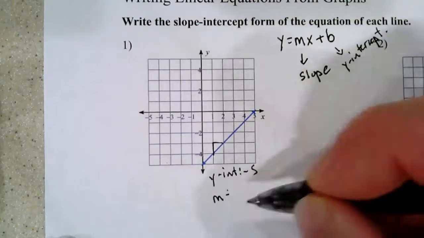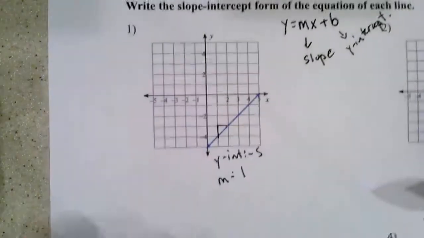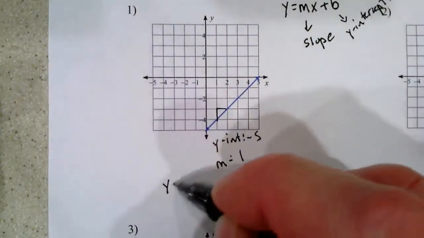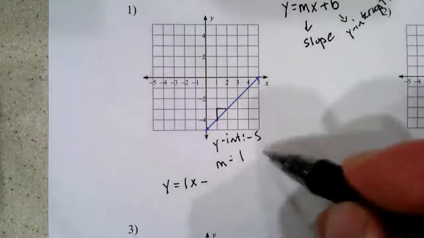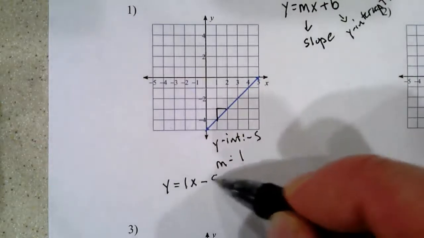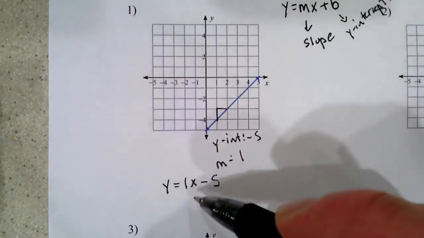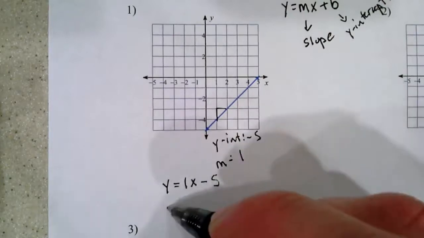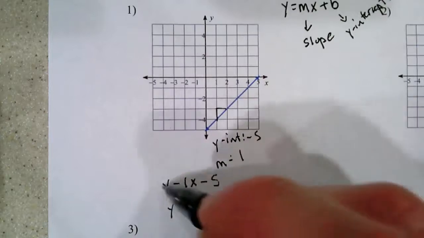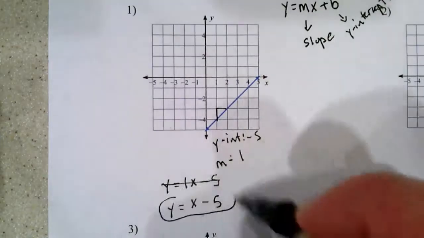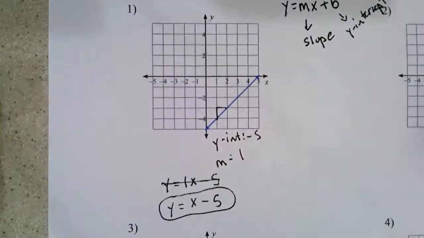Slope appears to be 1. So we would write our equation as y equals 1x plus a -5, which we'll just write as -5. And you would normally just leave this 1 off. So I'm going to write it as y equals x minus 5. Circle our answer there. Okay.